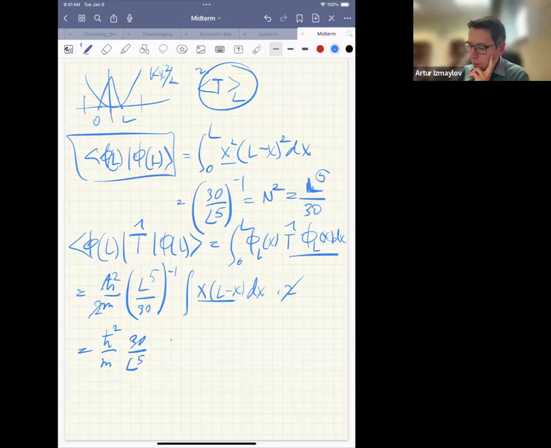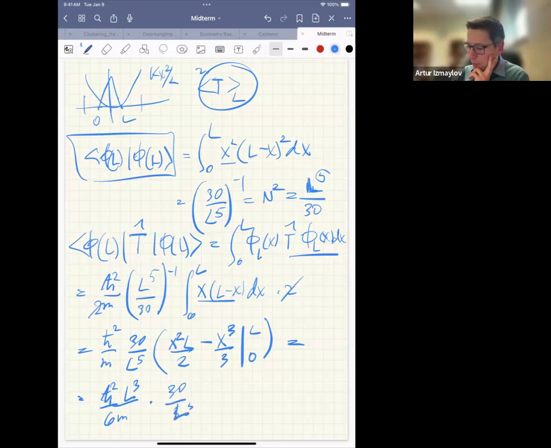And here you have x squared (L minus x) from 0 to L, x cubed here divided by 2, here divided by 3, x cubed from 0 to L. And the final result is, after doing all this algebra, h squared L to the third over 6m times 30 divided by L to the fifth.